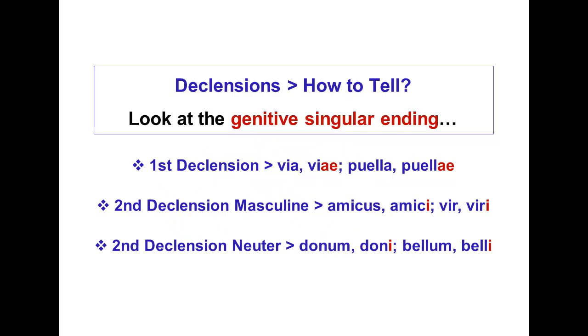First declension nouns always have an AE in the genitive singular. Second declension nouns always have an I in the genitive singular. And that's how you can tell what declension a noun is. You have to look at the genitive singular ending.